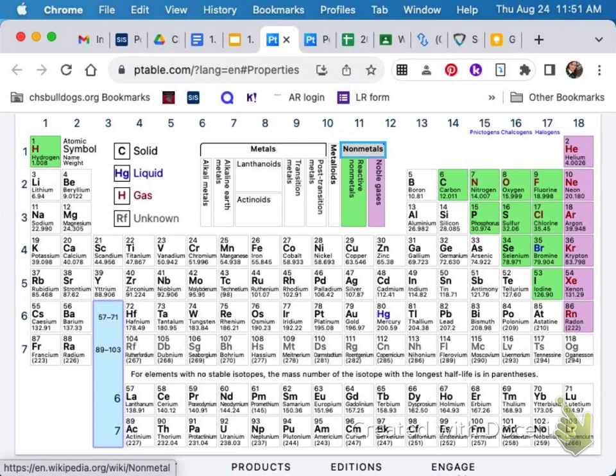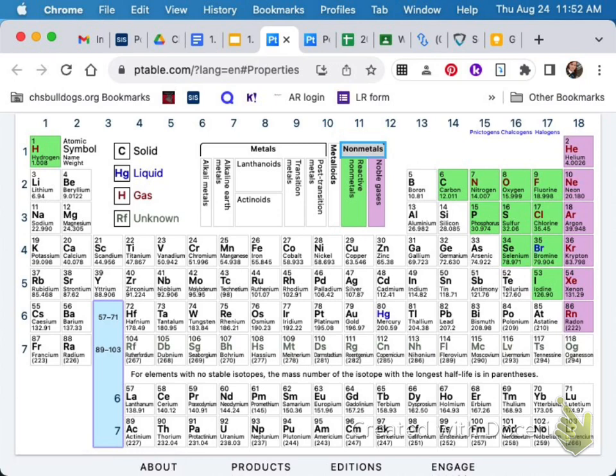And you will also notice that there's one little lonely non-metal that got moved to the opposite side of the table. When we talk about electron configurations, we'll talk about why hydrogen is over with lithium and sodium and potassium. But for right now, all you really need to know is that hydrogen often behaves like lithium and sodium and potassium, and that's why it's over by that column. But the rest of the nonmetals are going to be in the upper right-hand corner of the periodic table.